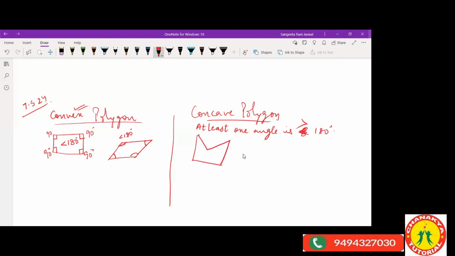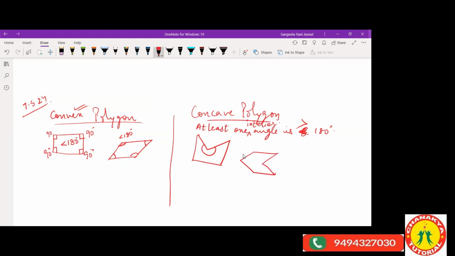Suppose if I make this figure, it will be an interior angle, no? At least one interior angle. You can write here: interior angle. At least one interior angle is greater than 180 degrees like this. You take any figure, like you have these kinds of figures in your book also.